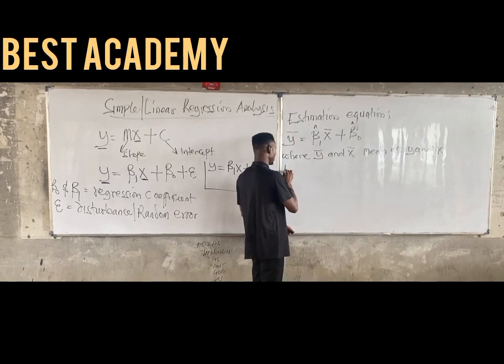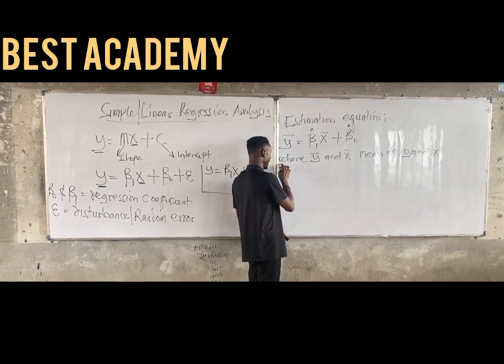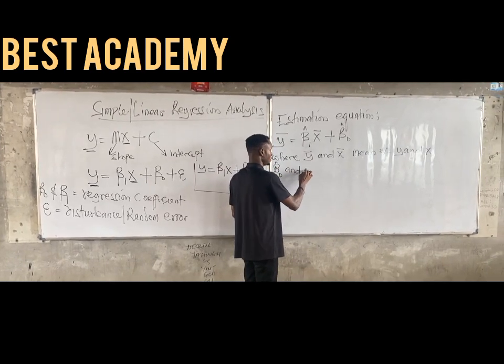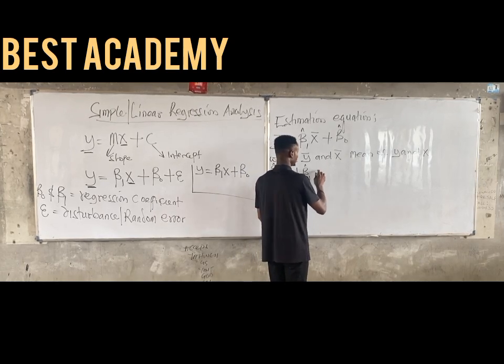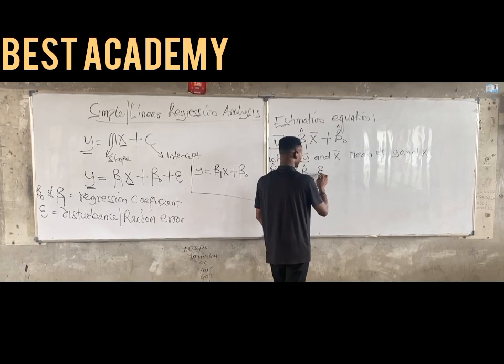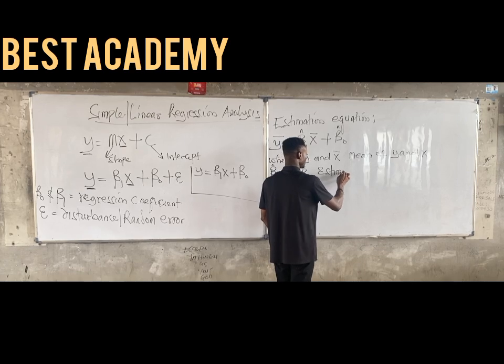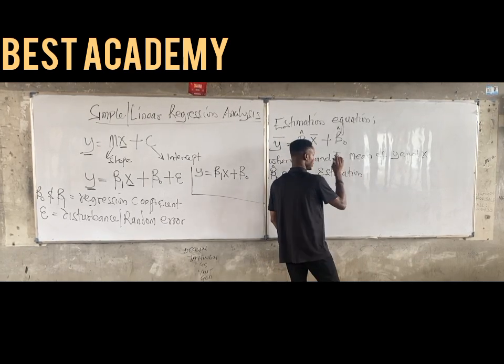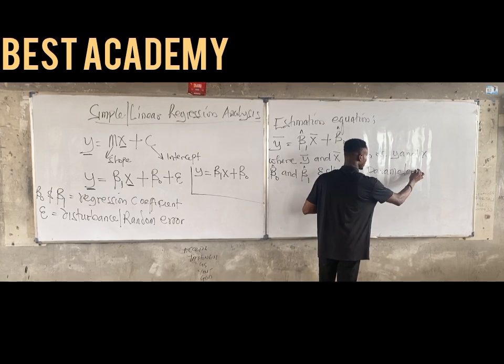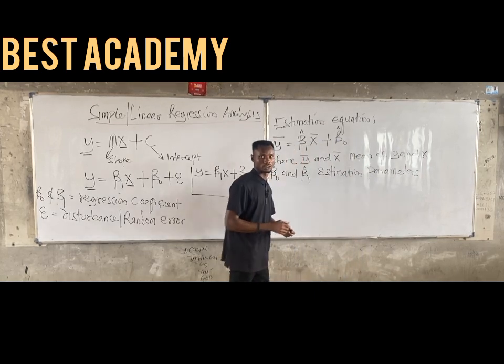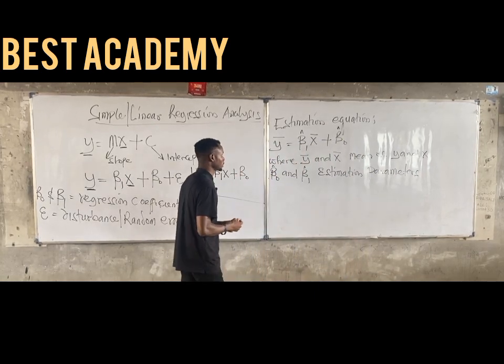The next one here is beta naught hat and beta 1 hat. These are said to be estimation parameters. Please take note. Now, look up here, please.